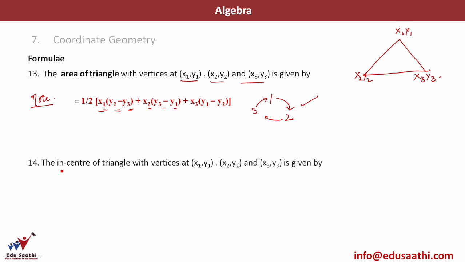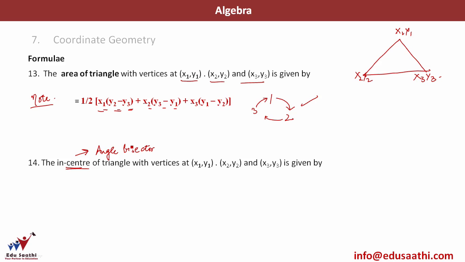The incenter of such a triangle would be given by, now incenter is the point of concurrency of angle bisectors. The angle bisectors of the three vertex angles would be concurrent at a point which is known as the incenter. The various other properties of the incenter, if you want to look at, you will have to move to the topic of geometry.